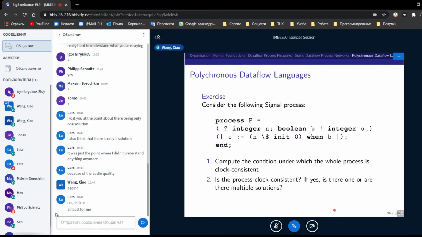And there you need to know, by the way, this is also related to the denotational semantics, if you remember, because there we also need to compute a fixed point. Actually, it's the same thing. And here N, B, and O are streams, so actually it is a stream function, so it's basically the same thing.